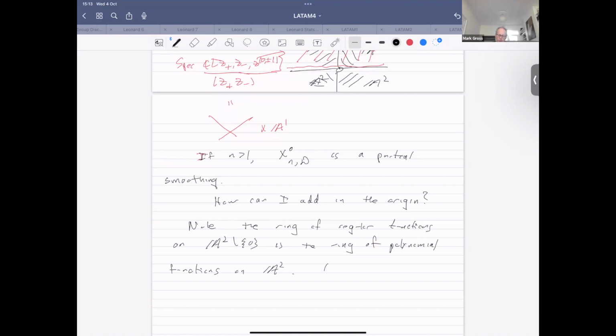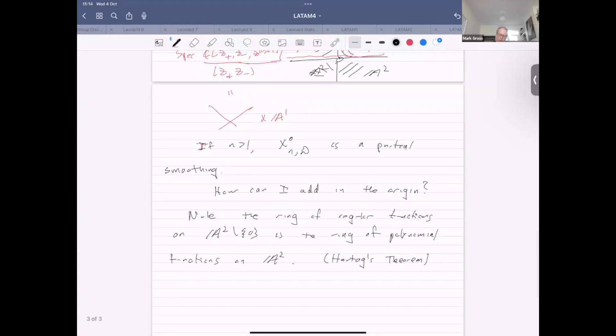This can be viewed perhaps as a version of Hartogs' lemma, or Hartogs' theorem. Hartogs' theorem is a theorem in complex analysis, which tells you that if you have a holomorphic function on Cn, or on some domain in Cn, which is defined off of some codimension 2 closed subset, then it can be extended across that codimension 2 set.